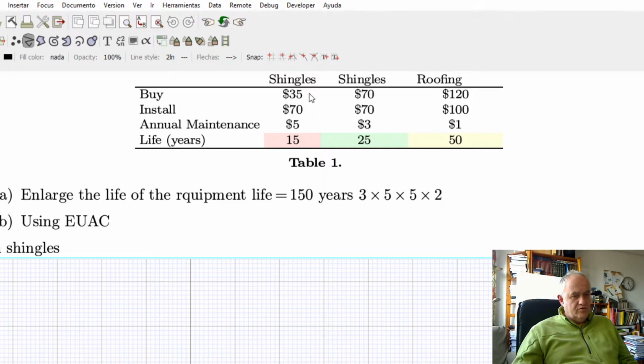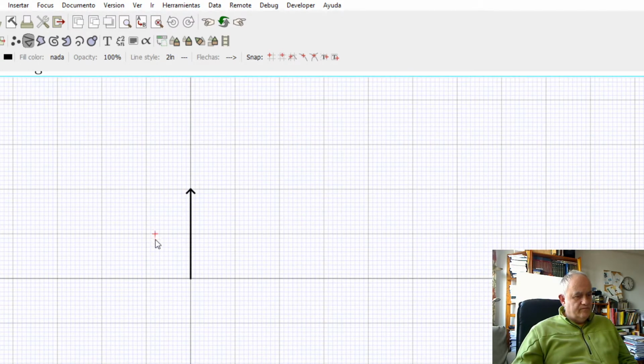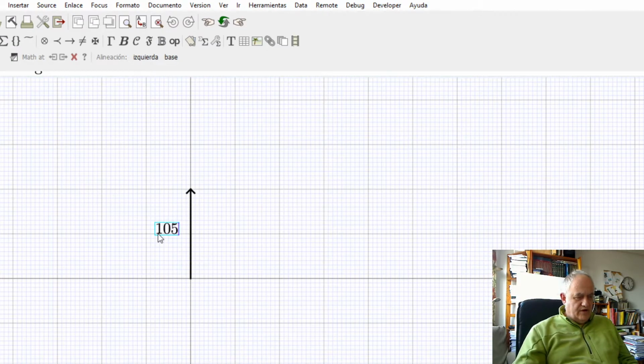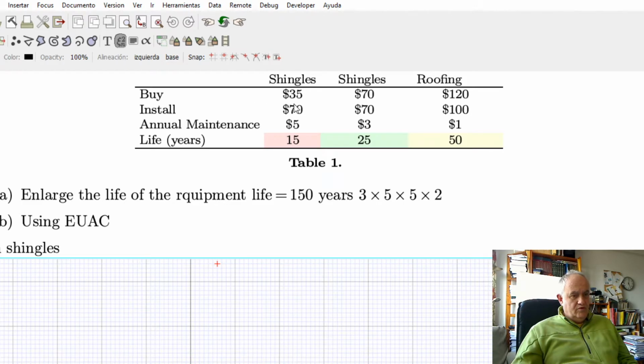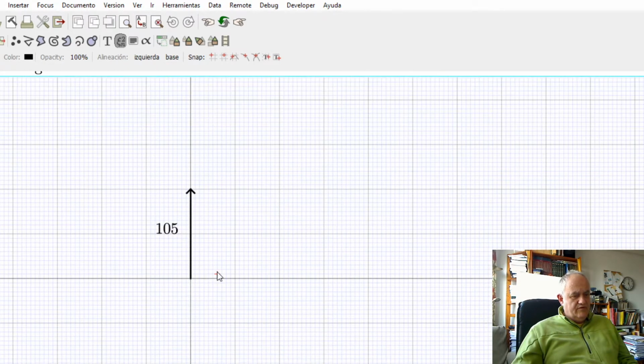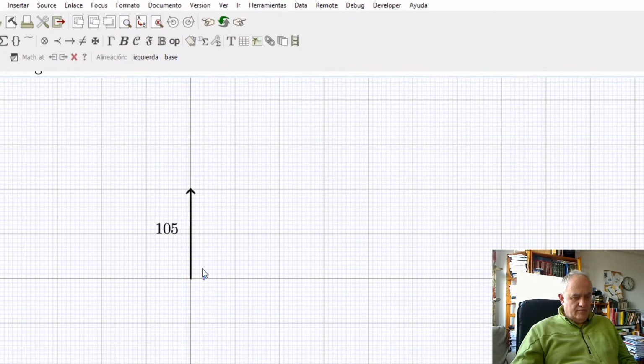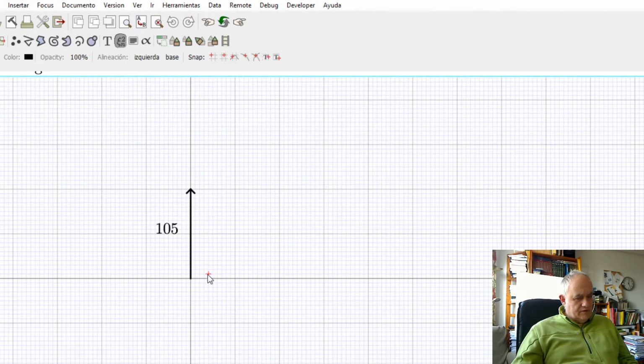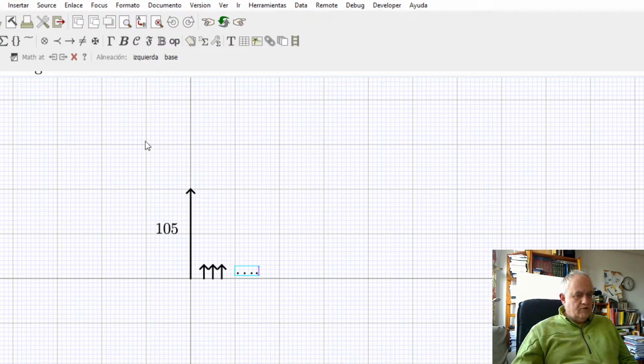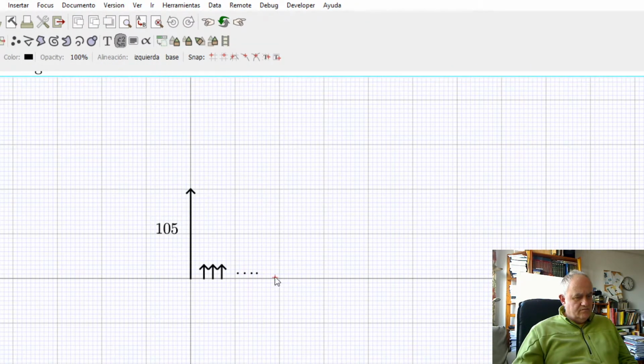This will respond to 105 payments. Then we'll have 5 during 15 years.